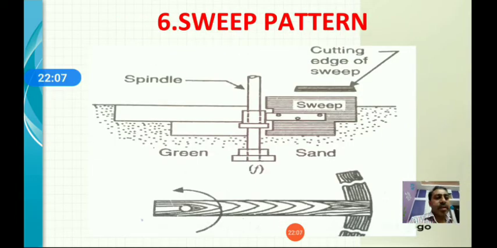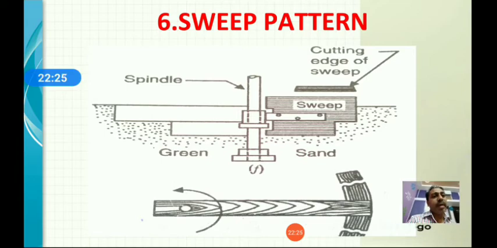Now sweep pattern. So what is sweep pattern? Sweep pattern is utilized when a symmetrical product is there. Okay, suppose we have to create a very big cavity and it is symmetrical. At that time, we can use sweep pattern.